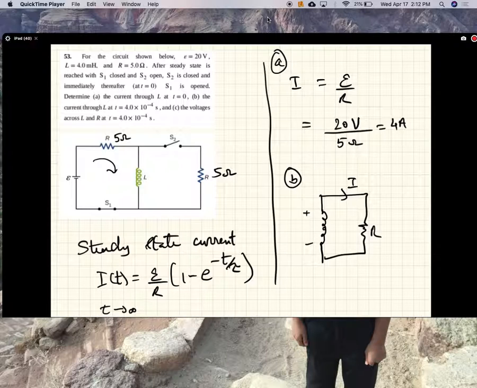If you look up for this circuit, the current is I naught times e to the power of minus t by tau, where tau is the time constant of that circuit, which is L by R. Let's figure out the time constant for that circuit.